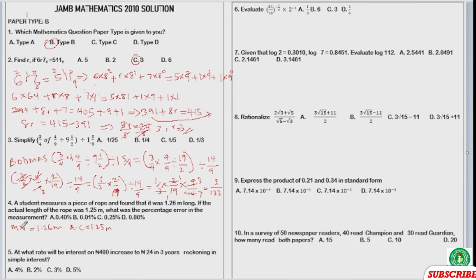So now, if the measured value of the student is 1.26 and the actual value is 1.25, what is the percentage error in the measurement? The percentage error is given as the measured value minus the actual value, all over the actual value, multiplied by 100.